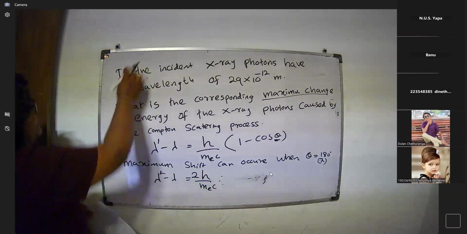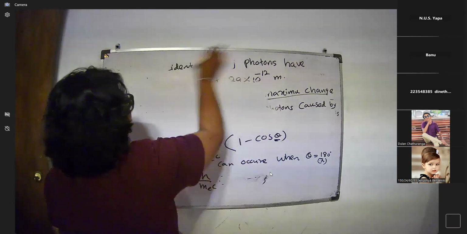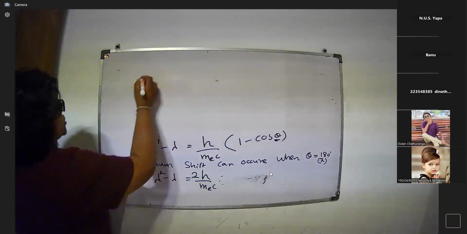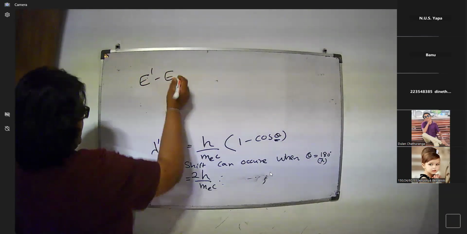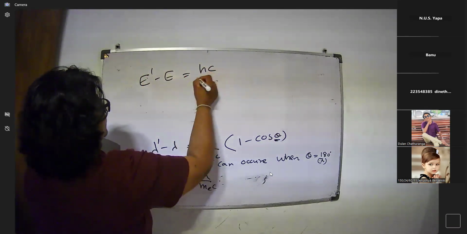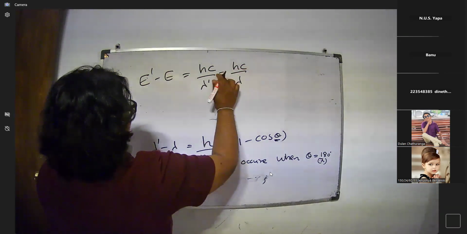So we can write the maximum energy: E dash minus E equals hc over lambda dash minus hc over lambda.